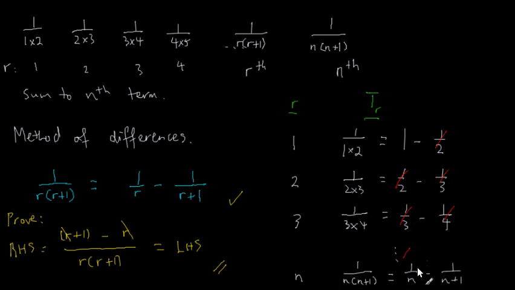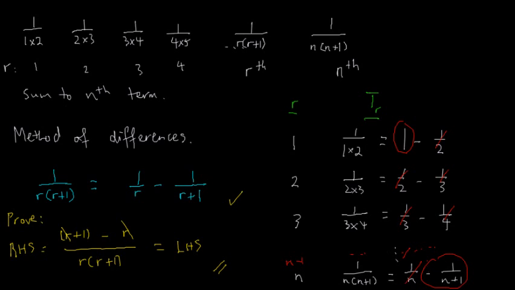So the one before this must cancel with this. We can write out the n minus 1 term just to check if you want, but it seems quite clear that this would happen. So the only terms left are that one and that one. Mustn't forget the minus sign here. So if I add up this whole lot, it's the same as just that minus this.